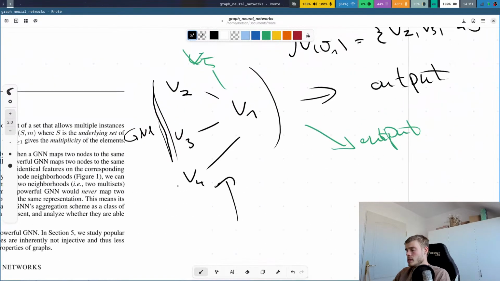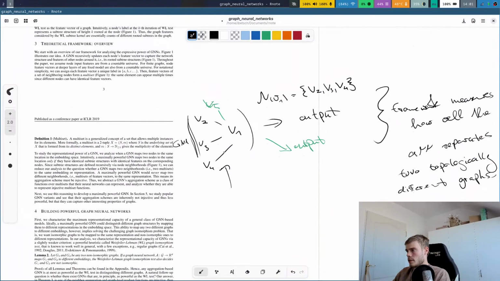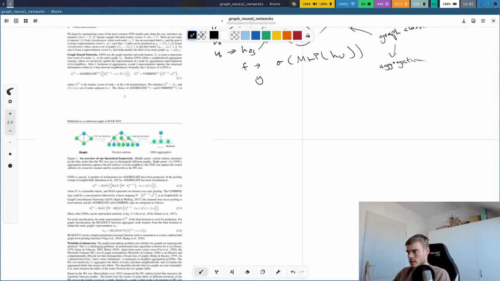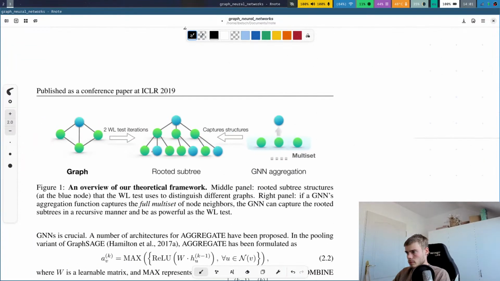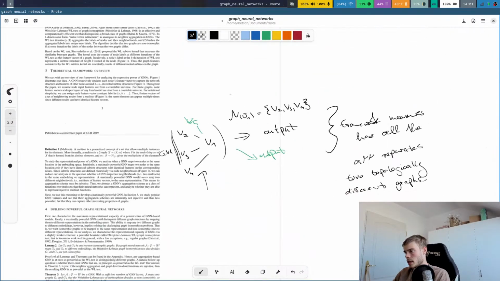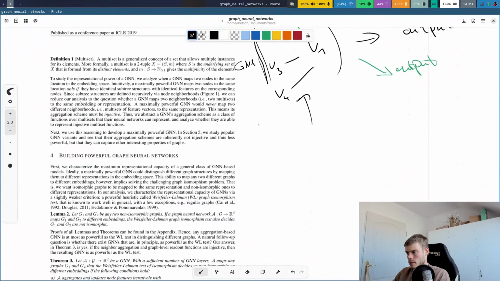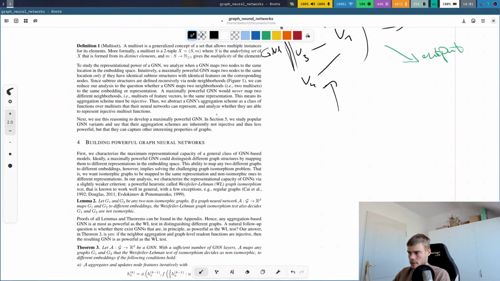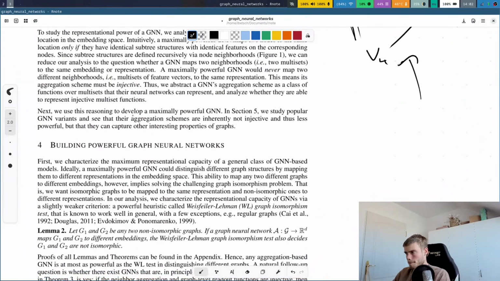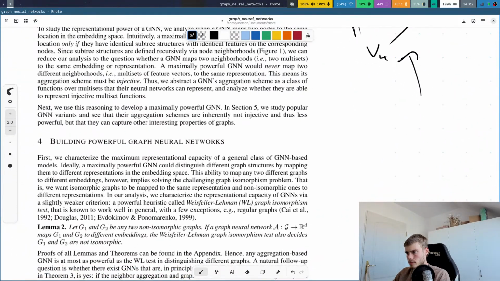Okay, so only if the multiset of the neighborhood for a node is the same, it should produce the same output. So this means injective. Next, we use this reasoning to develop a maximally powerful GNN.